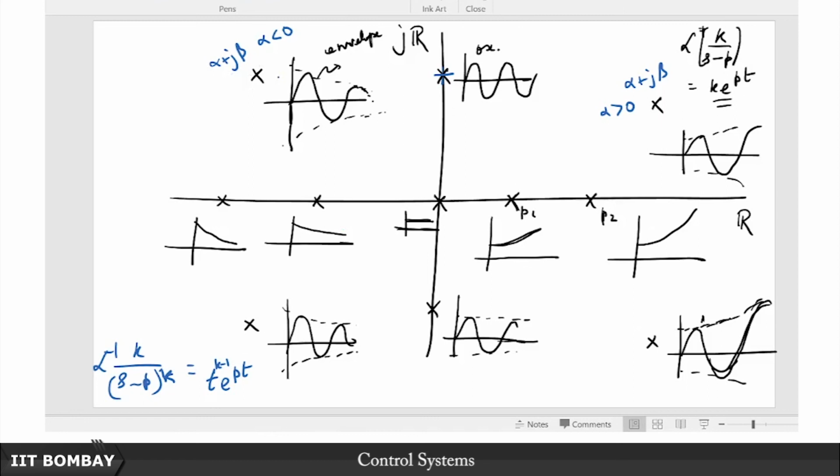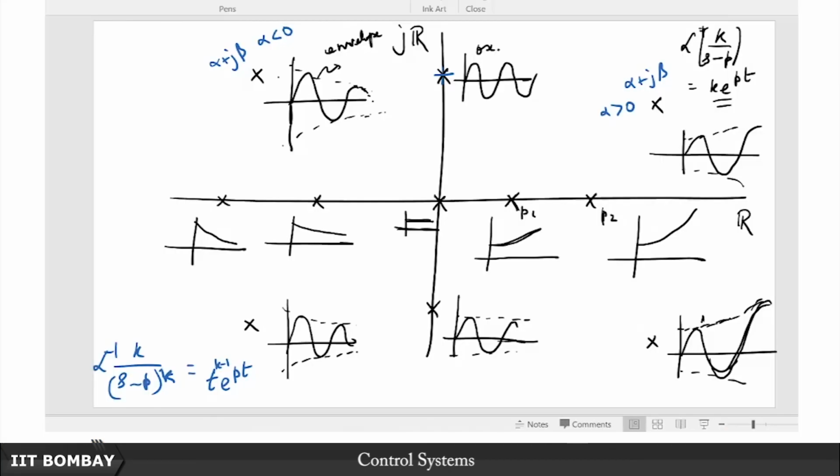I can blindly say, if all my poles, irrespective of whether they are repeated or not, are on the left half plane, the zero input response of the system will be stable. Similarly, irrespective of multiplicity, if even one of my poles is on the right half plane, my system's response will blow up, because even if the other modes decay, that one mode will keep blowing up.